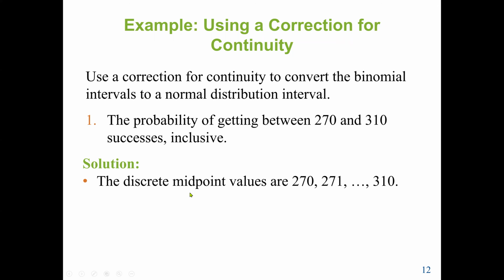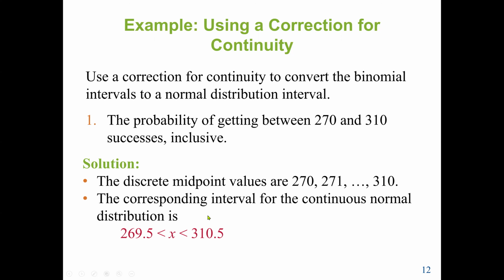The discrete midpoint values are 270, 271, 272, and so on up to 310. That will be the discrete values.